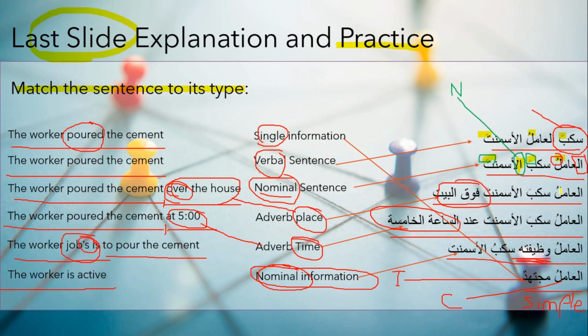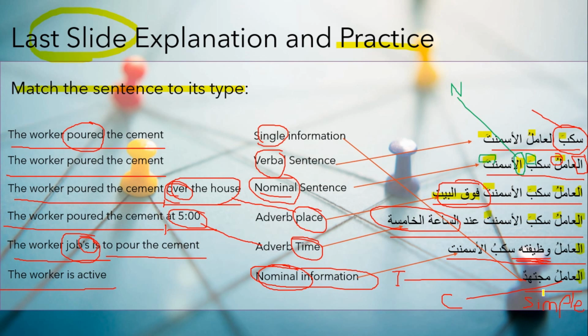العامل سكب الأسمنت. In the third example, فوق البيت. العامل, again ضمة over العامل because it's a subject. سكب is a verb. الأسمنت مفعول به, which is the object. As you can see here, I start with al.